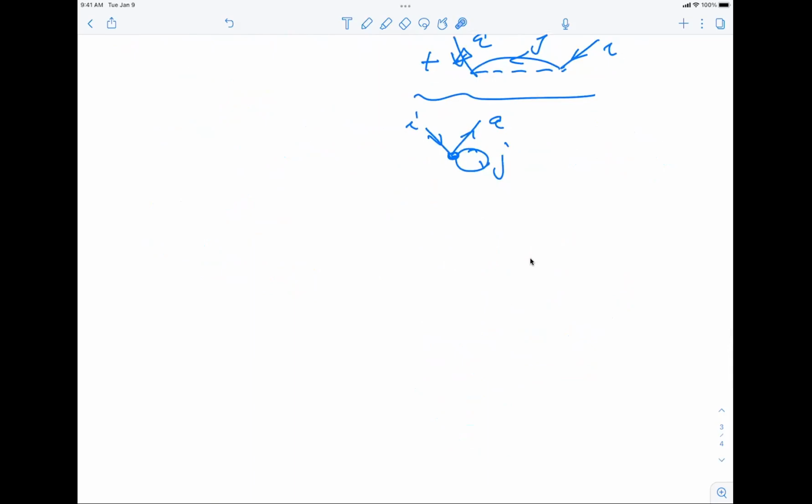Now, what we are going to look at is the calculation of the stability of the Hartree-Fock equation.